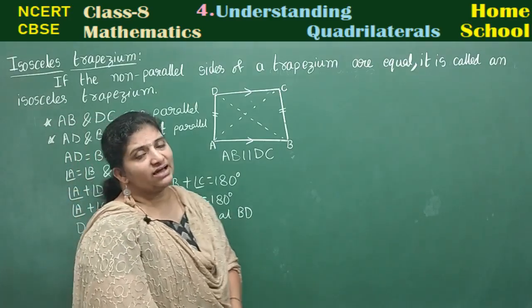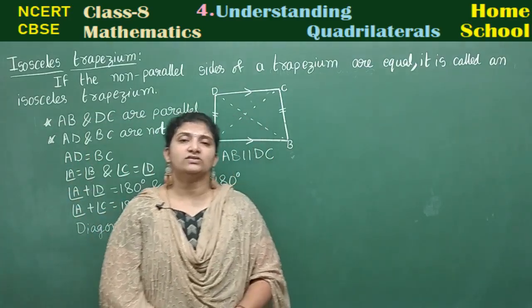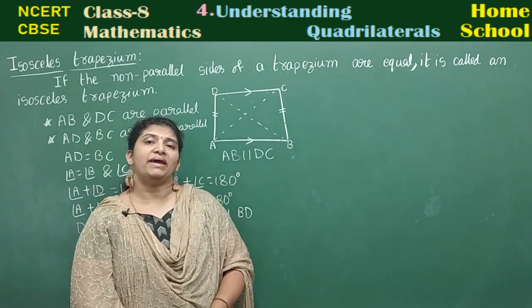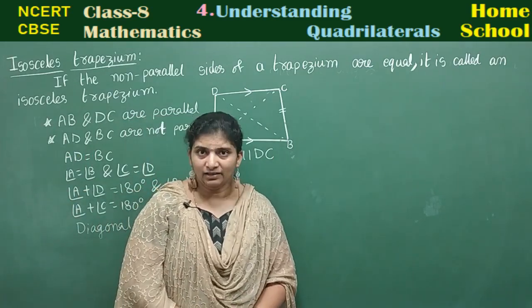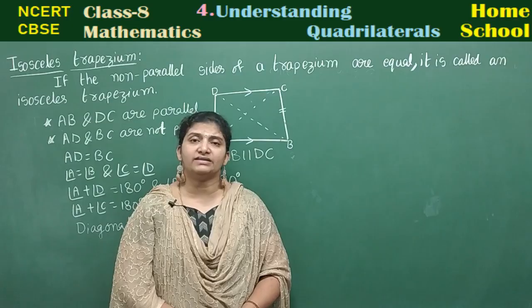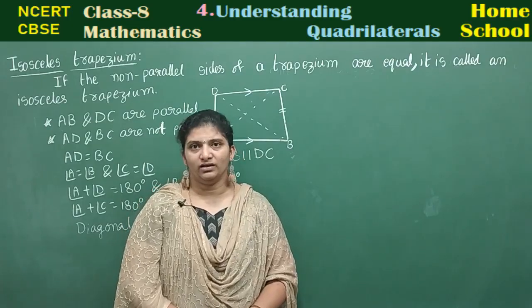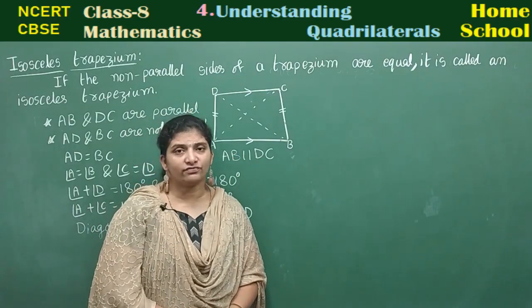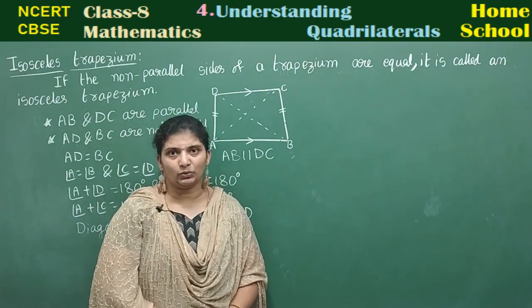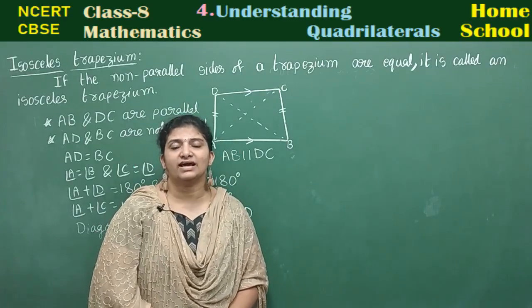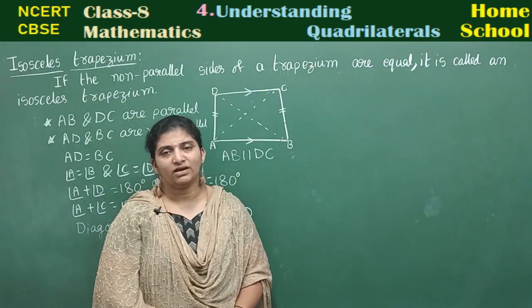So once again, let's have a recap here. What is an isosceles trapezium? One pair of sides are parallel and the non-parallel sides are equal in length. If the non-parallel sides of a trapezium are equal, then we call it an isosceles trapezium.